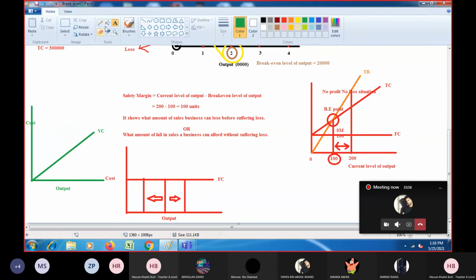So if I take any output from the x-axis, let's say this is the cost at this level of output. Now if you increase the level of output, you will see that the variable cost changes as well. As the characteristic of variable cost says, when output changes, variable cost also changes, right?